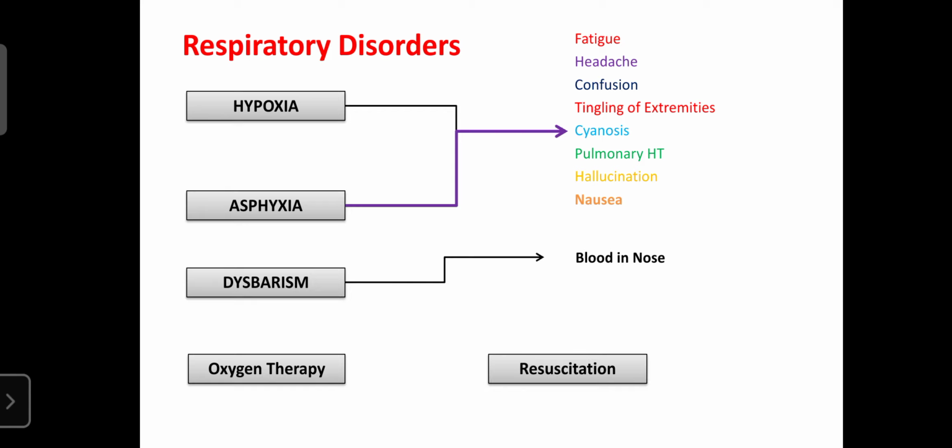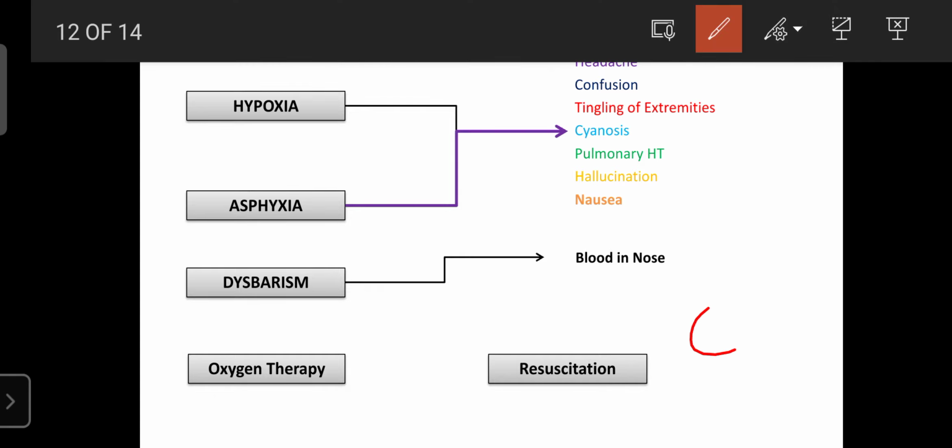That is one type of resuscitation. Resuscitation is a procedure helpful for restoring the life of the patient, like cardiopulmonary resuscitation, that is CPR, nothing but cardiopulmonary resuscitation.